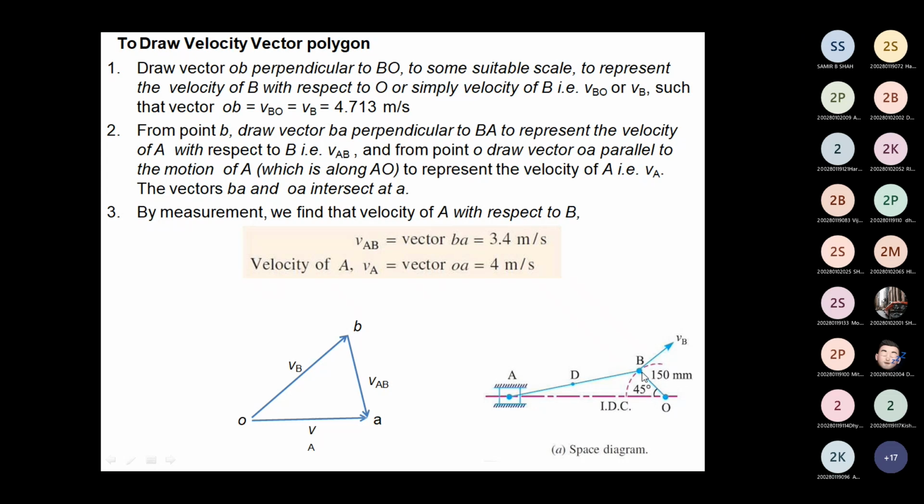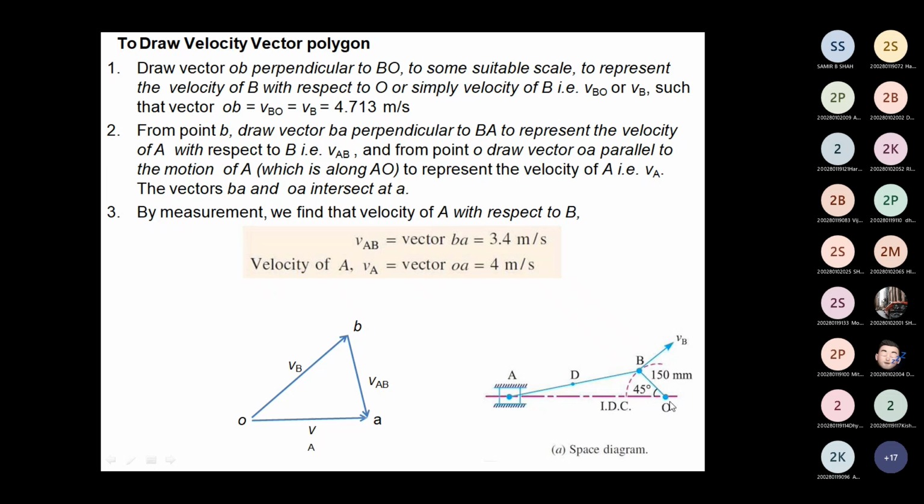Now, talking about the AB link, we definitely have the starting point and end point. B is the end point of the crank, so B is also the end point in the velocity diagram. From that point, we draw a perpendicular line. That dimension we don't know, so we just draw the line.